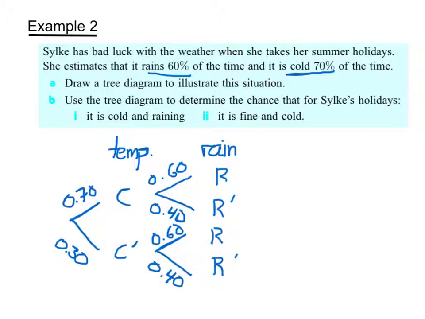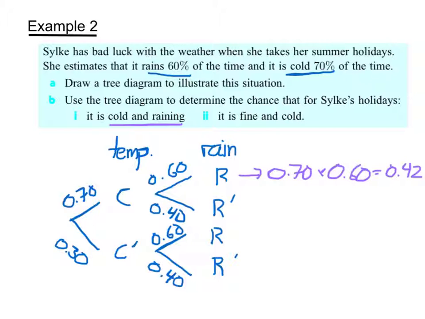We're then asked to find the probability that for Silk's holiday it is going to be cold and raining. And again, we want to follow the branch where it's cold and raining and multiply the probabilities. So I have 0.70 times 0.6, which is going to get me 0.42. So that's the probability that her holiday will be both cold and raining.